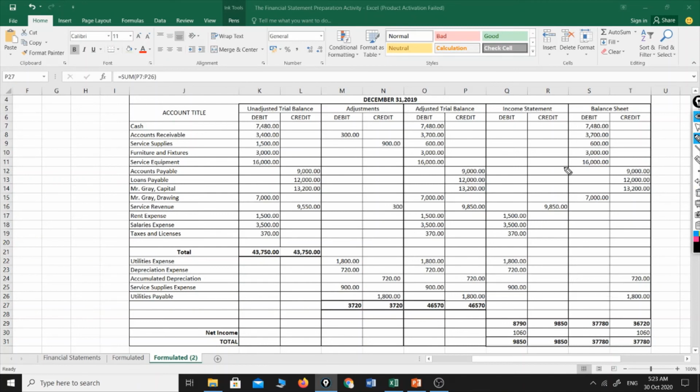Okay. So after having all these amounts in the debit column and the credit column, as well as the balance sheet here, we will just total again all the debit and credit columns. So after computing, you will add the total amount here.